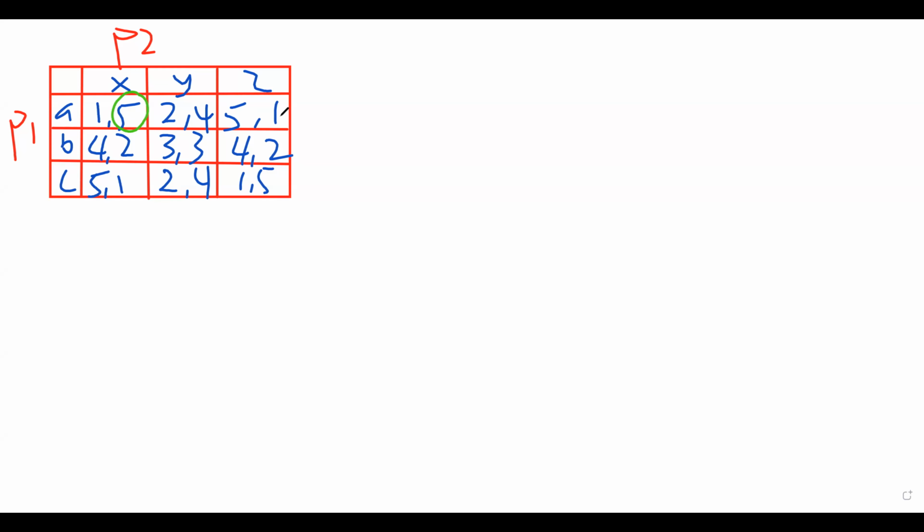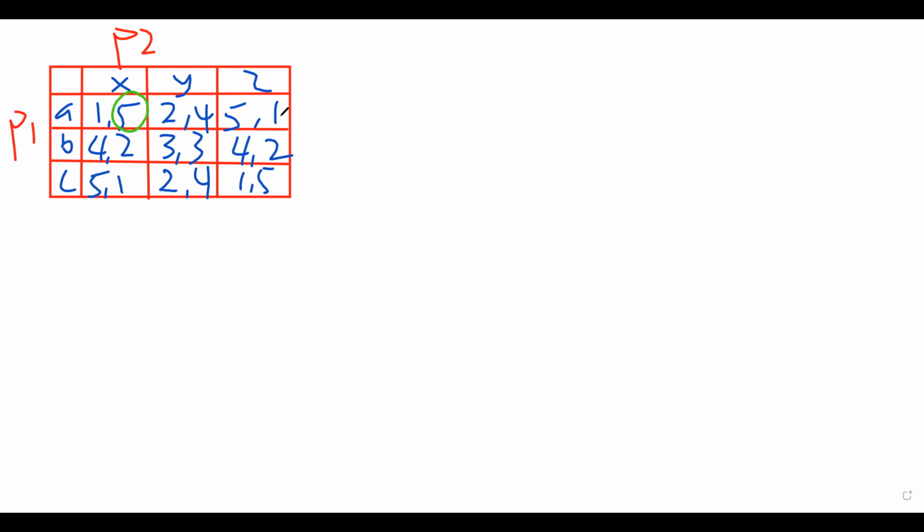Let's go to player 1 strategy B. If player 1 plays strategy B, which strategy do you think player 2 will go for? X, Y, or Z? Depending on the payoffs, which one will he go for? I'm looking at your answers, so type your answers there.